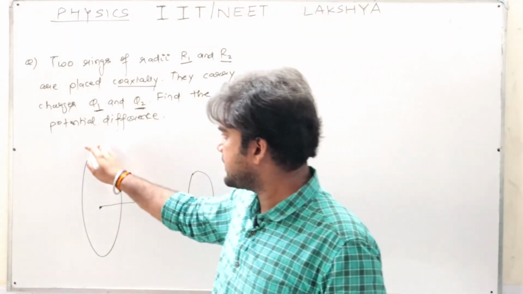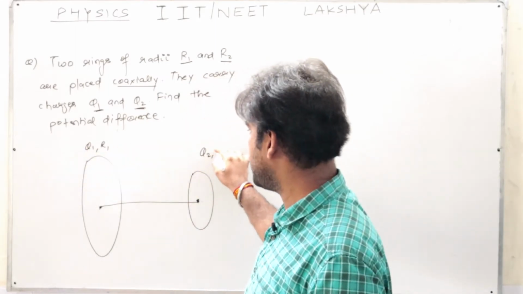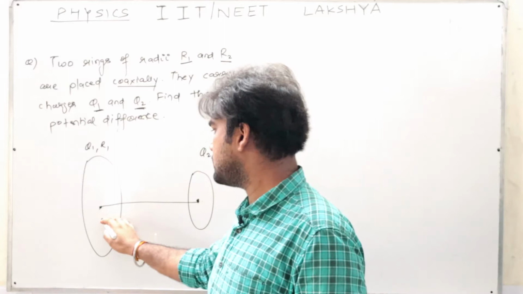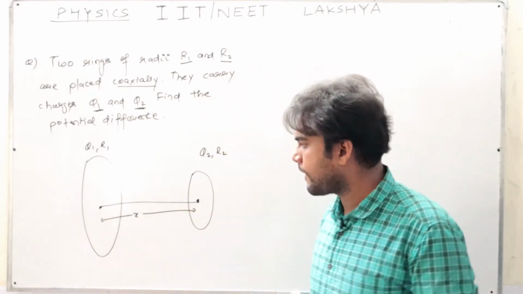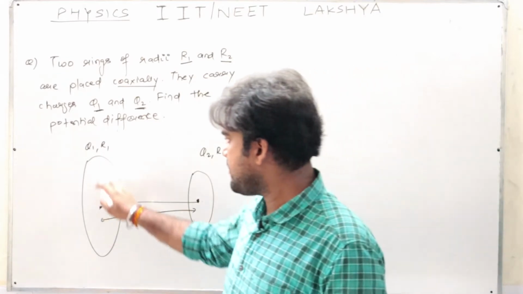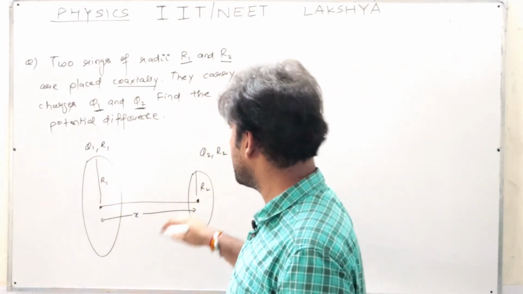Let us say this is carrying charge Q1 and its radius is R1, and this is carrying charge Q2, its radius is R2. Let us assume this distance is x. So this is your R1 and this is your R2.